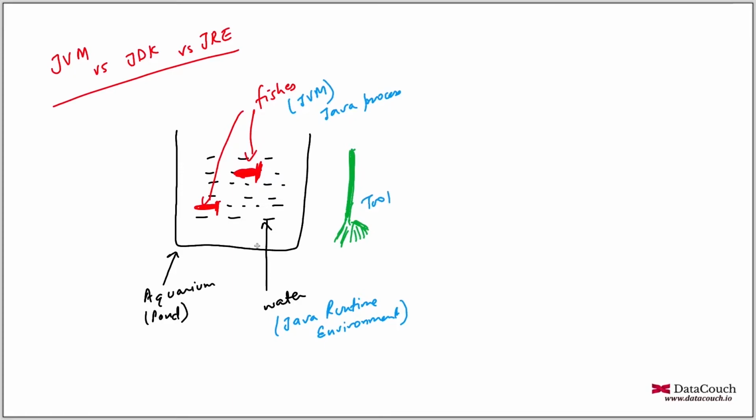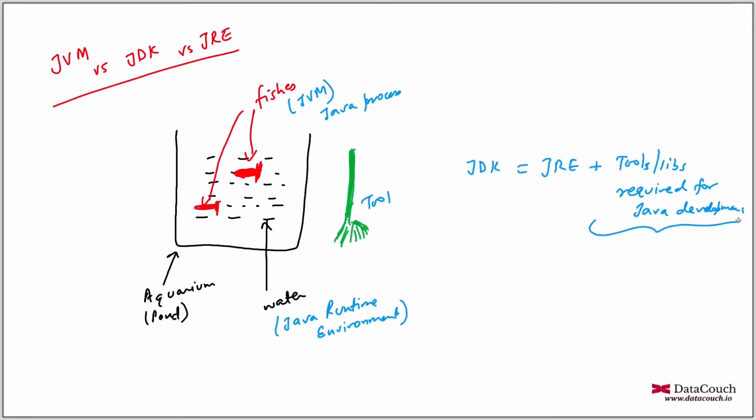If you see this tool plus JRE, JDK is Java Development Kit, and this is plus tools slash libraries. So JDK is equal to JRE plus tools and libs required for Java development. You can see this is water, and these are some additional tools.